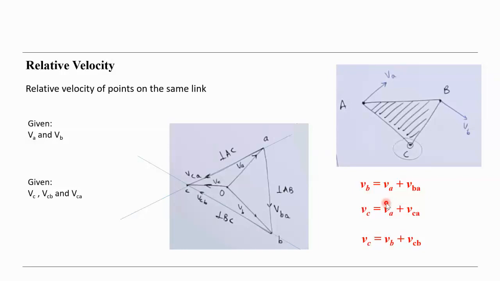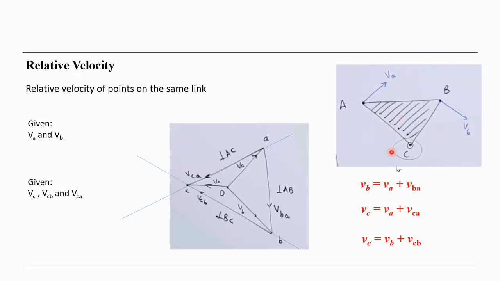So I have another example here, again to calculate the relative velocity. What is given here? Let's say we have a triangle like this, and in this triangle we have the linear velocities VA and VB, and we are looking for the relative velocity of C. We don't know it, but we can write the equations like this.